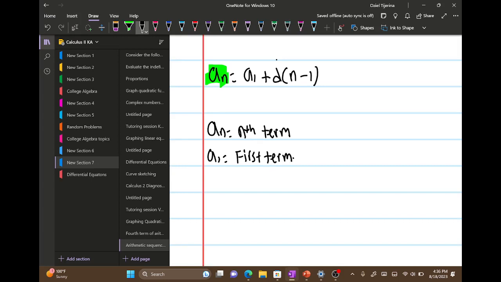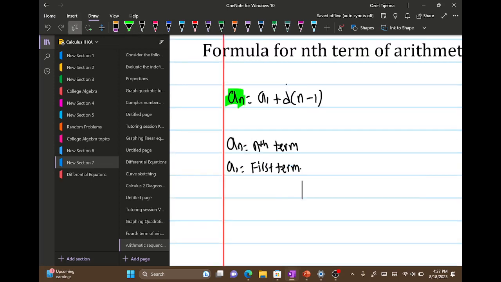And then n is really the number of terms at what term we're defining. It's confusing to explain. I don't want to say it's the number of terms, but n is really the input.